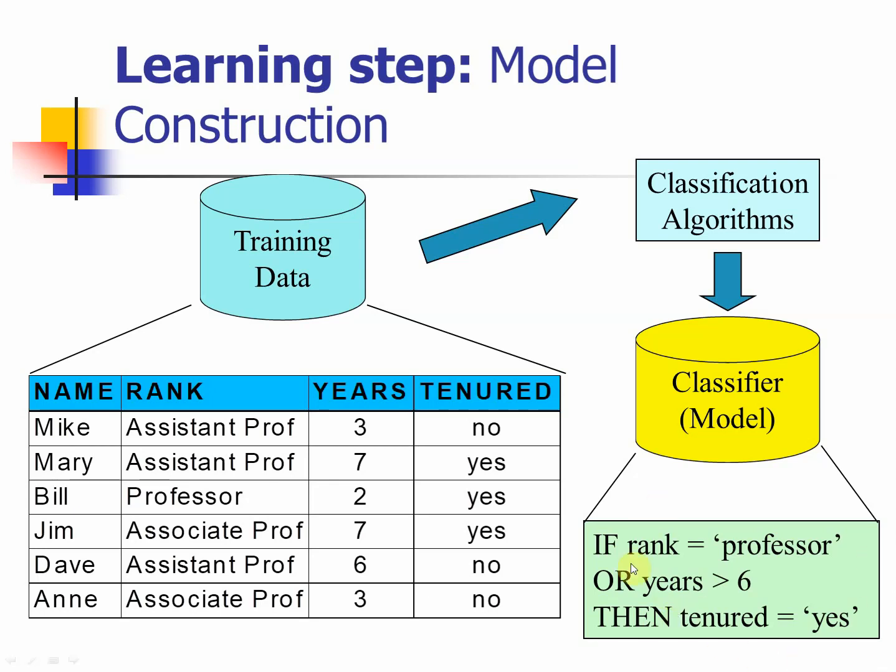So here is an example. If rank equals professor or year greater than 6 years, then tenure equals yes. So we would be able to build up rule-based information just like this one, and it's possible to have multiple rules that we can use for making a prediction. No matter what, this is what we call the learning step.